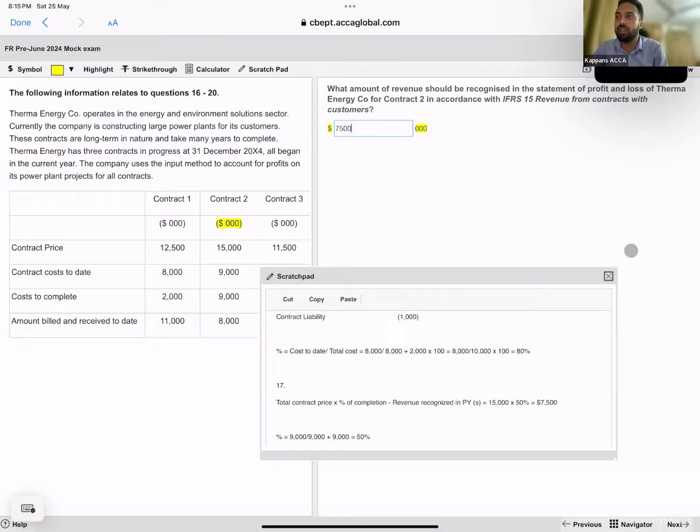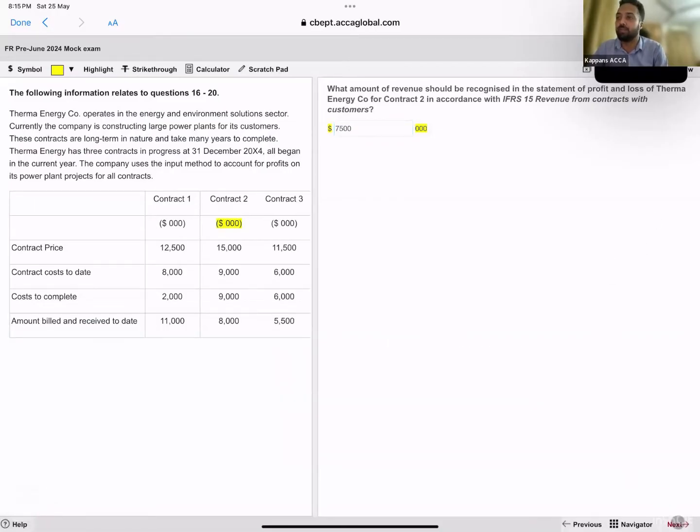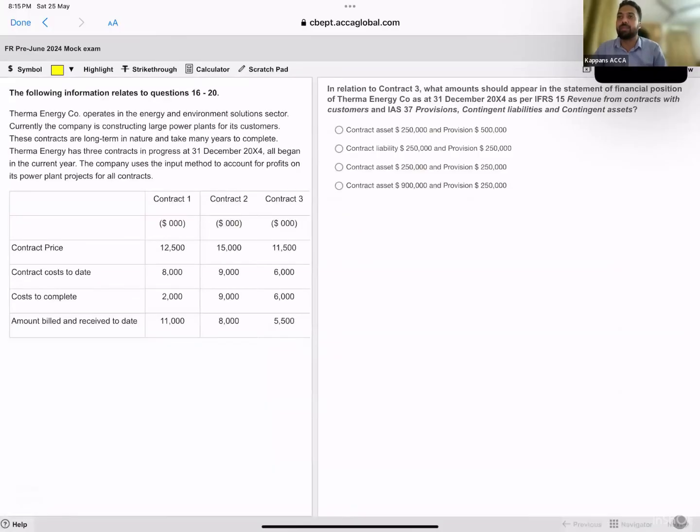7,500. All the figures are already in thousands. Now, in relation to contract 3, what amount should appear in the statement of financial position of Therma Company as at 31st December X4 as per IFRS 15 Revenue from Contracts with Customers and IAS 37 Provisions, Contingent Liabilities and Contingent Assets?